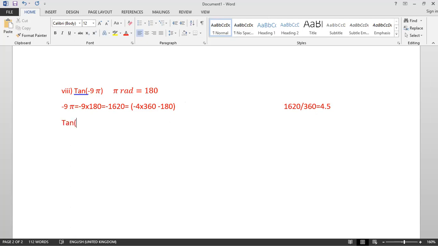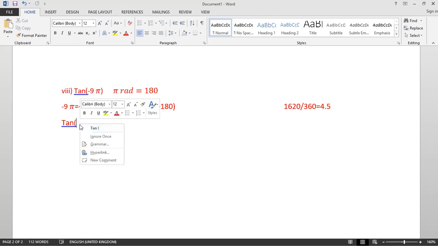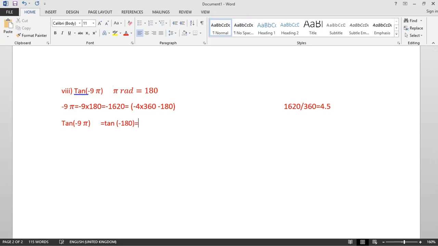So you will be writing tan minus 9 pi. This will be equal to tan of minus 180 degrees, because it is leading the terminal side.